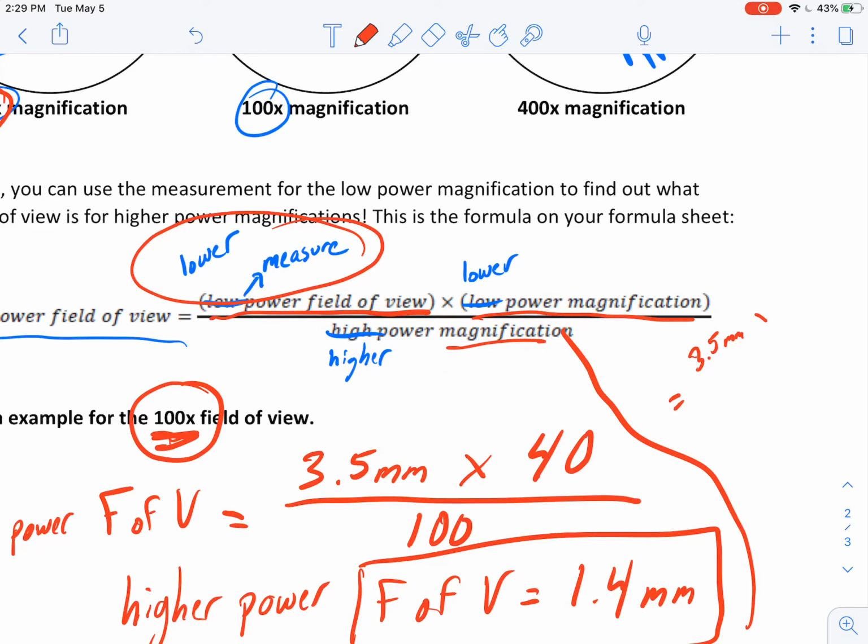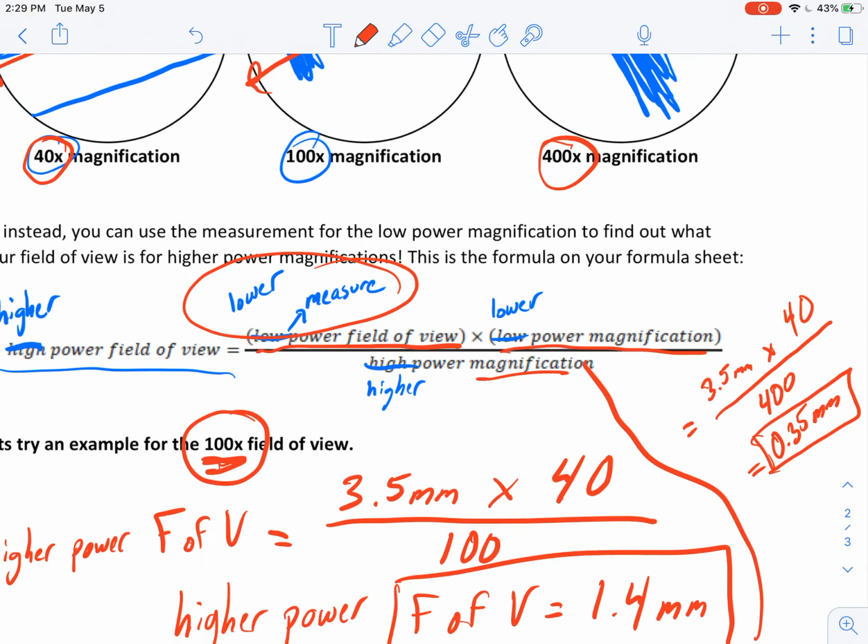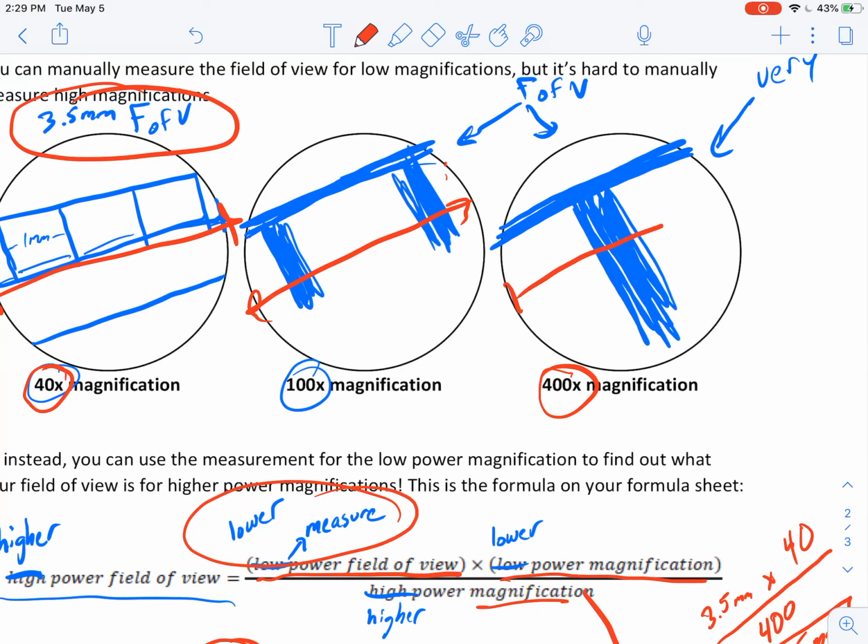So 3.5 times the lower power of 40, but this time my higher power is going to be the 400. And that's going to be 0.35 millimeters. So we only see 0.35 millimeters across the whole field.